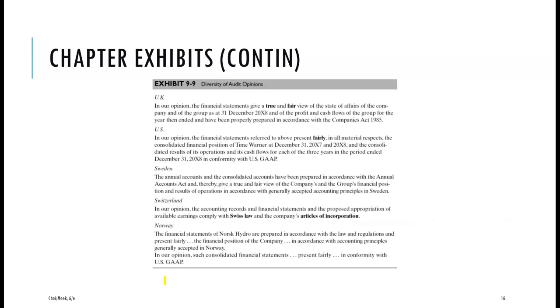Exhibit 9.9 focuses more on the wording used by the auditor. It covers the UK, US, Sweden, Switzerland, and Norway, with the wording of auditor opinions selected randomly from companies.